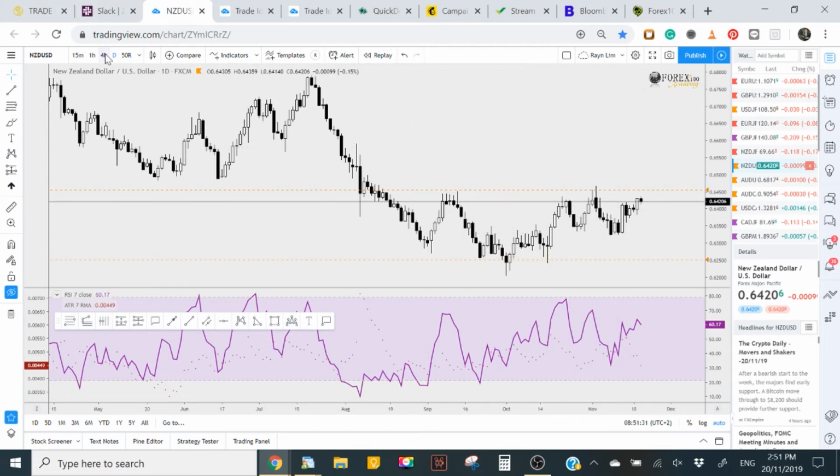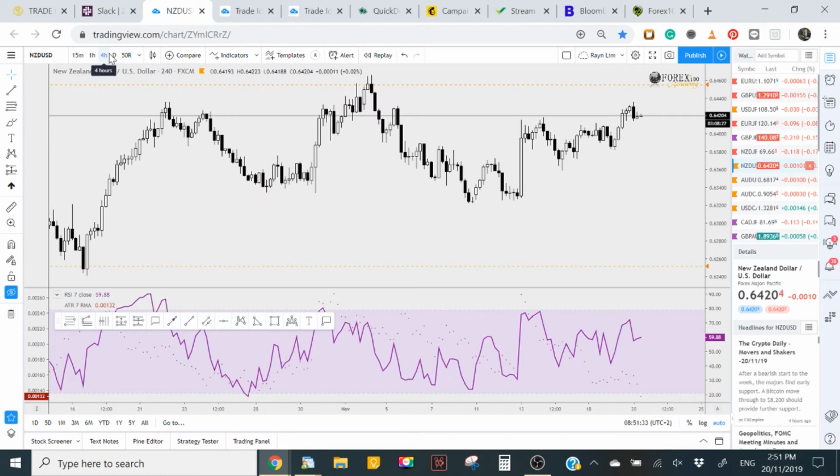So you see a lot of consolidation across New Zealand, Australia, and yen related pairs. It does show something. For those who are interested, go and do further research and read Bloomberg on those countries that I have mentioned. New Zealand, Australia, and Japanese yen, they are consolidating. Definitely there's something going on that caused this market movement for sure.